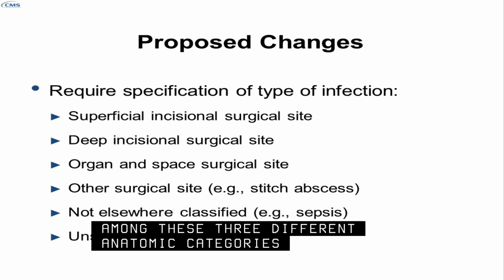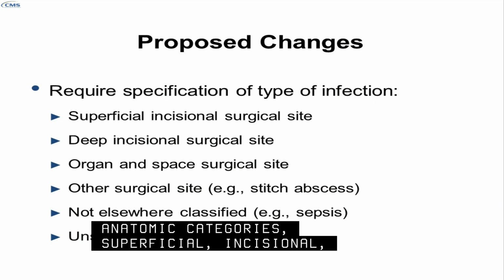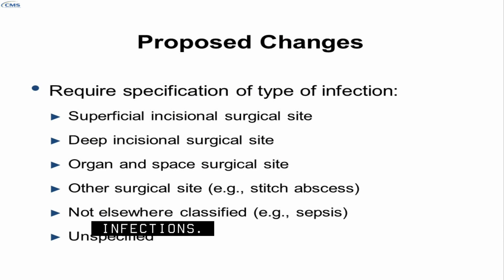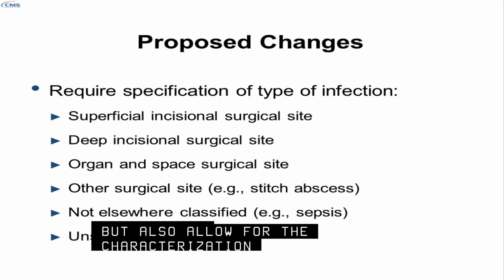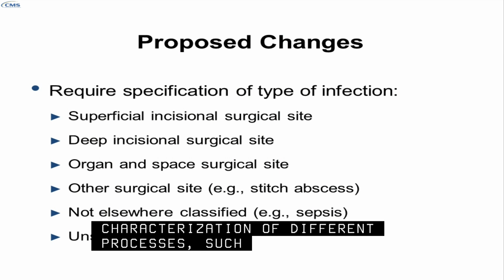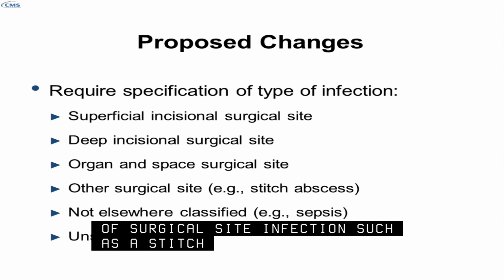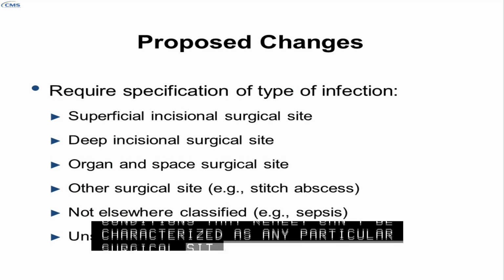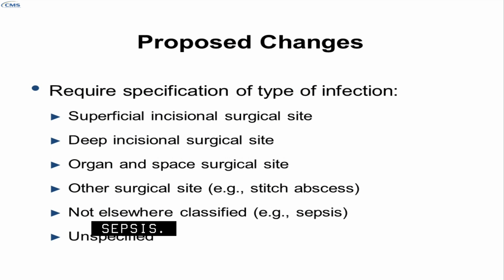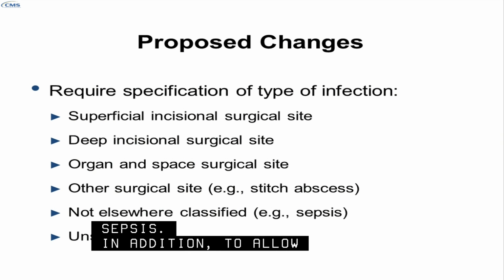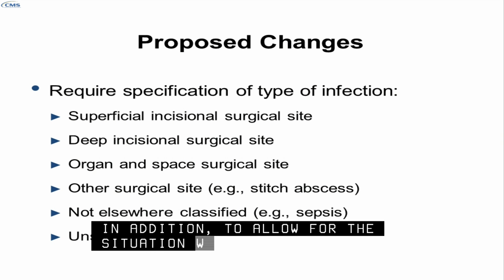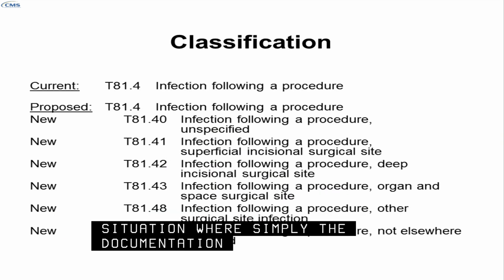But also allow for the characterization of different processes, such as another type of surgical site infection, such as a stitch abscess, or conditions that really can't be characterized as any particular surgical site, for example, sepsis. And in addition, we would allow for the situation where simply the documentation wasn't adequate to describe what particular structure was infected or if one was infected.